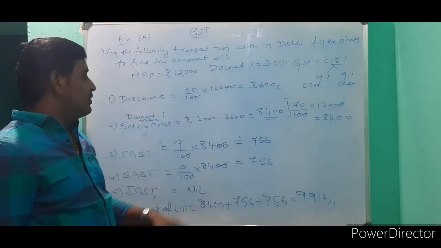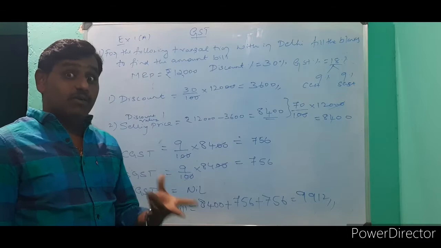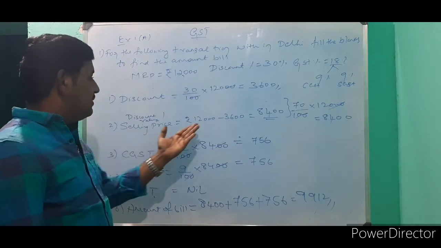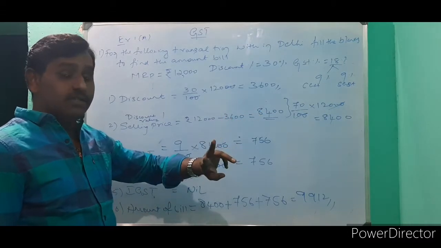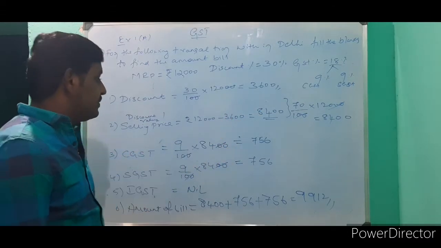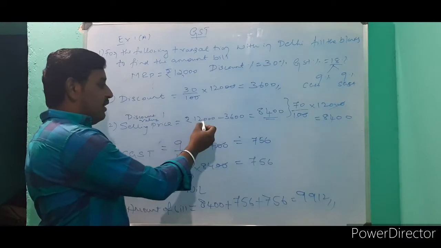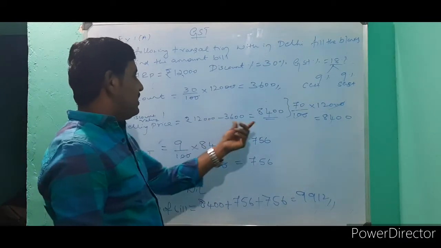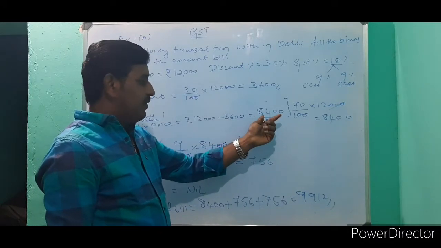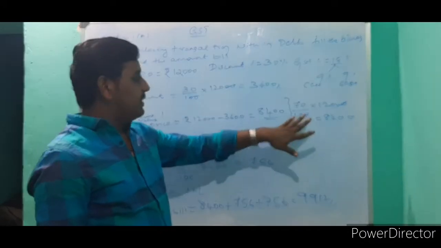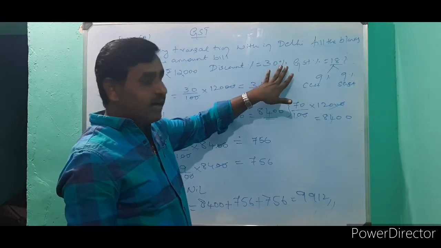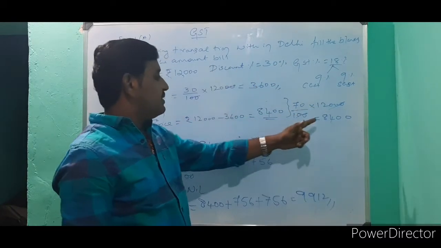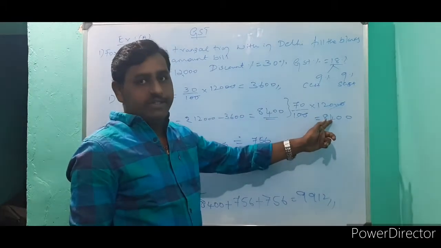First you find the discount price. After finding the discount price, you can find the selling price. Two methods you can use: otherwise, from MRP you subtract the discount figure and you will get the selling price. Or directly, discount is 30, from 100 that leaves 70%. 70 divided by 100 into 12,000 gives the selling price directly.